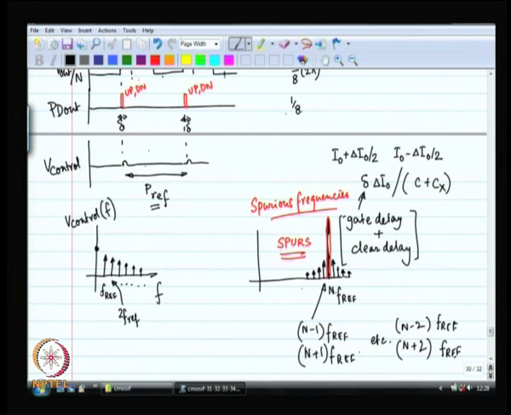The fundamental is FREF, I will have FREF and all its harmonics in my control signal. Agreed?